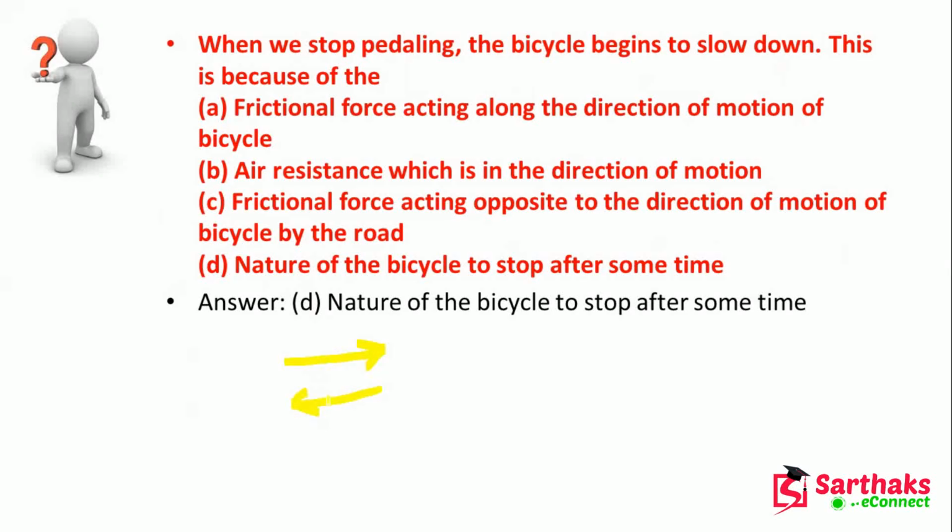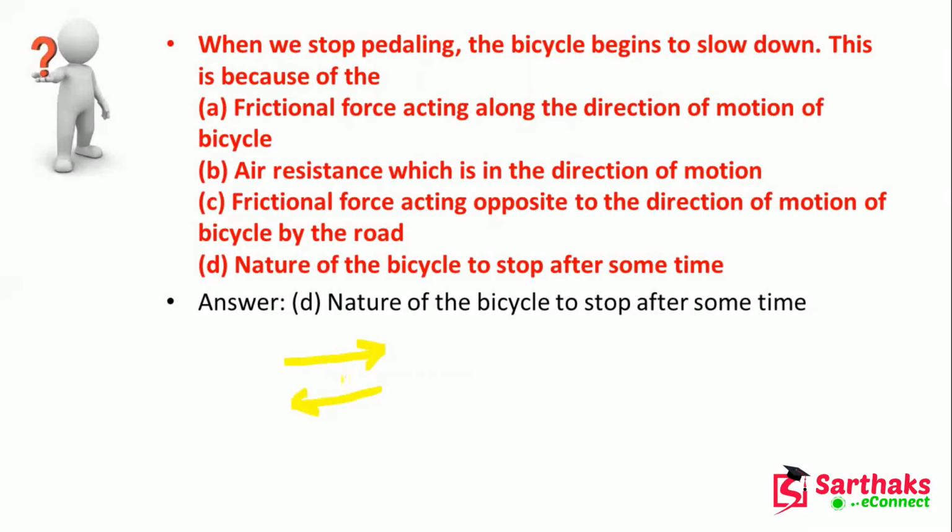So the frictional force acting along the direction of motion is not okay, because if the bicycle is moving in this direction, the frictional force will be acting in the opposite direction. Now, air resistance which is in the direction of motion.